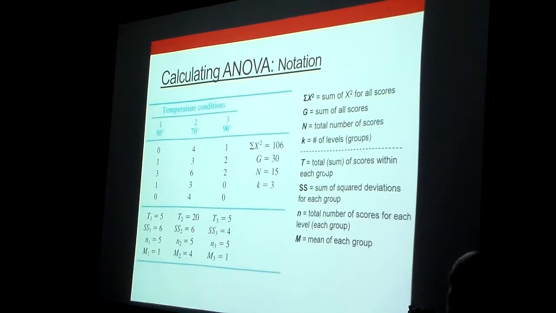All right. And then we have group level statistics. T is our total, or our sum of scores within each group, so 5, 25. It's just adding these up. Our sum of squares is the sum of squared deviations for each group. So this is the sum of squares for group 1, sum of squares for group 2, sum of squares for group 3.